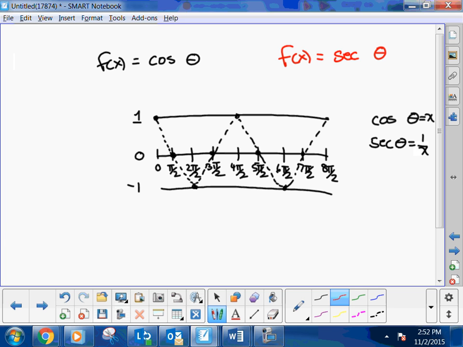It's going to be at this place where we're going to have our first asymptote. And then we'll have another one right over here, wherever it crosses 0. And then here as well, and here as well. So we're going to have these asymptotes that get generated because of these errors that happen.